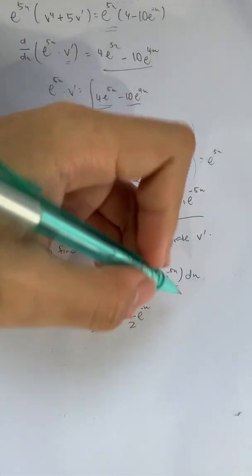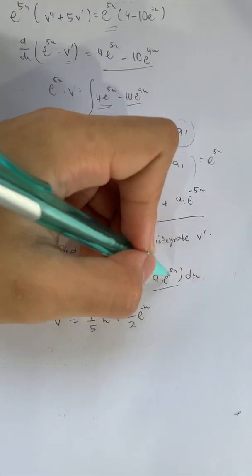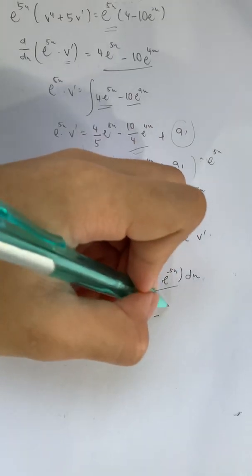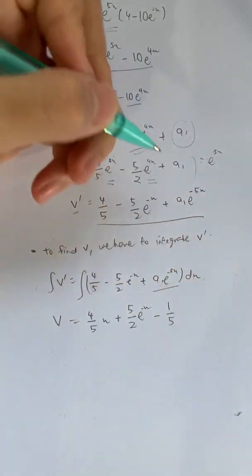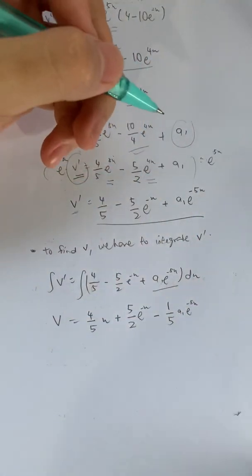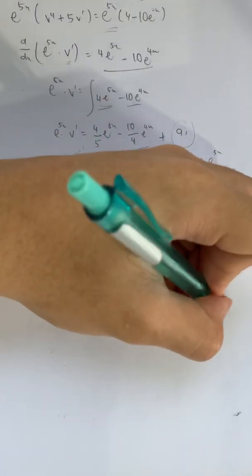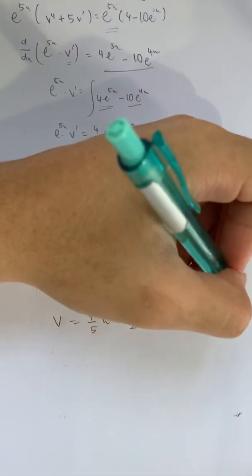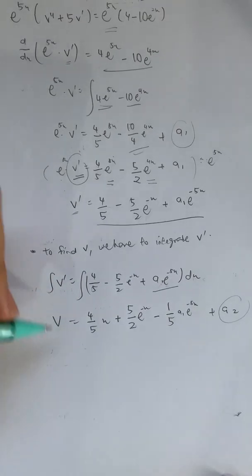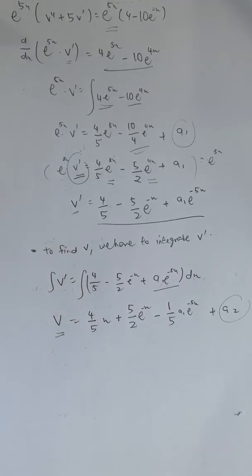And then for this a1 exponential negative 5x, we integrate, get negative 1 over 5 a1 exponential negative 5x plus constant a2. So this is our constant. So from this equation we have the value of v.